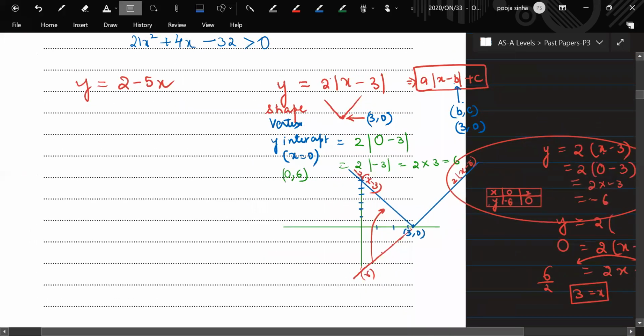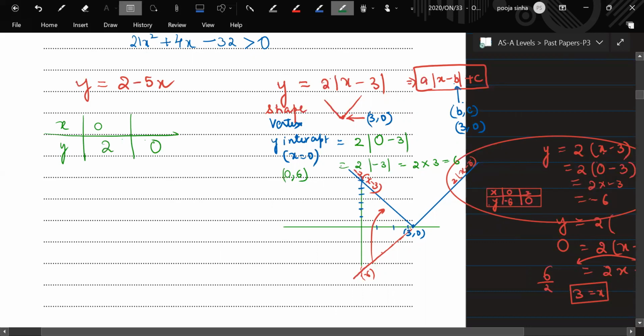Now we go to the line. What we need to do for the line is plot the line. Line plotting is the same way. How will you plot the line? We'll make x and y 0. Now when you put x as 0, what do you get? Y is 2.